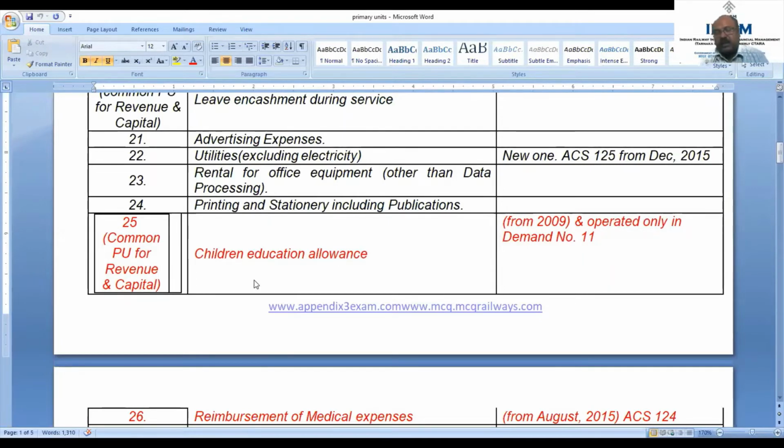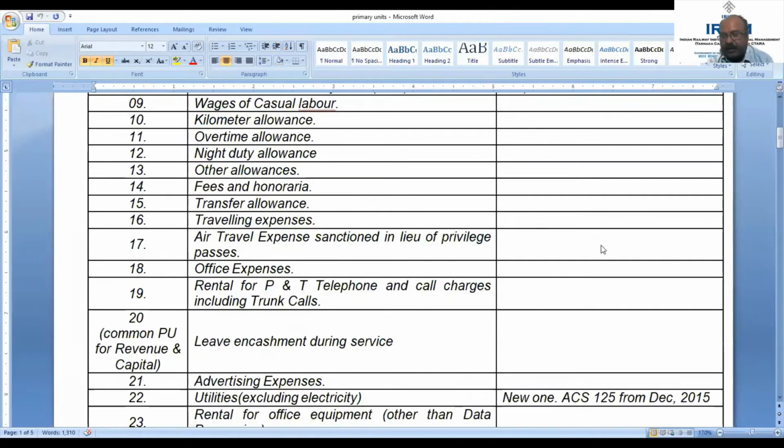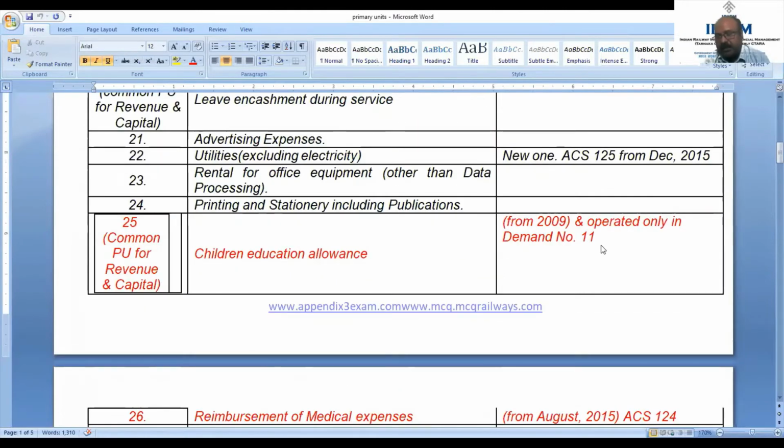This is children education allowance. The uniqueness of this PU is that it is operated only in demand number 11, like PU 08 is operated in demand number 13. This PU 25 is operated in demand number 11, staff welfare expenses.